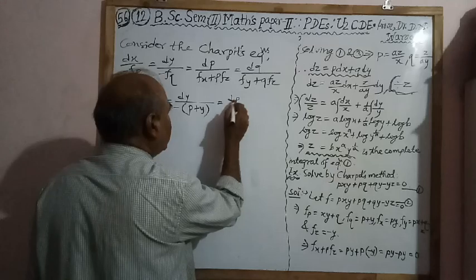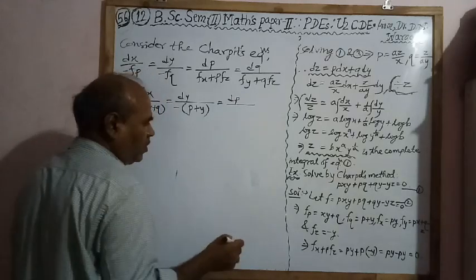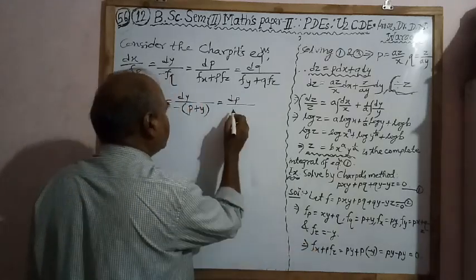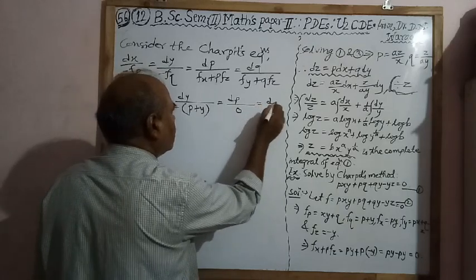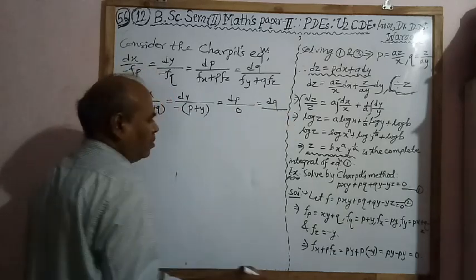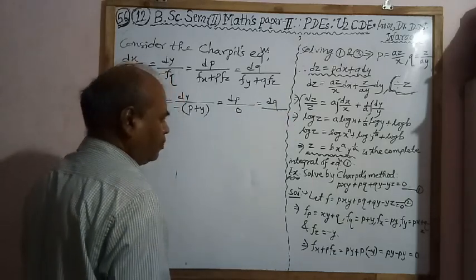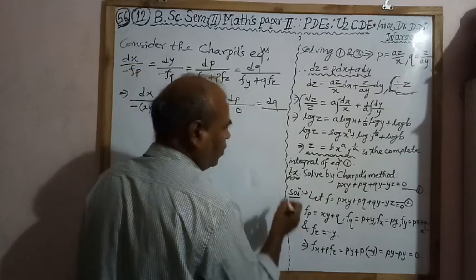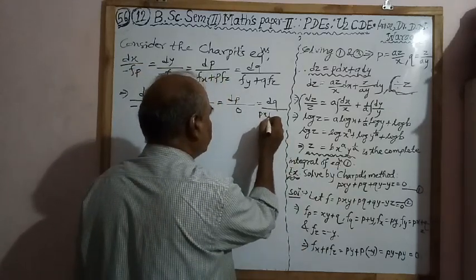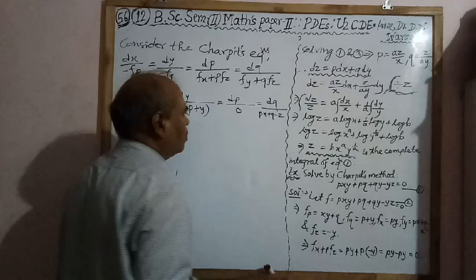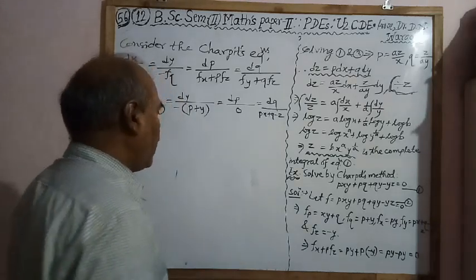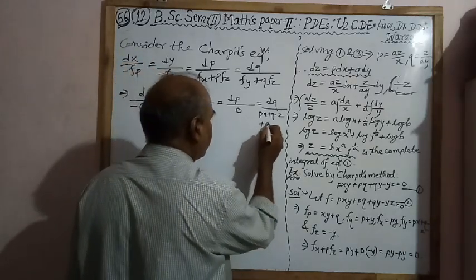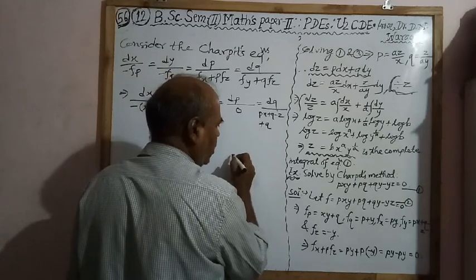Equal to dp divided by fx plus pfz, and fx plus pfz we have 0, and dq divided by fy, px plus q minus z, plus q into fz, fz we have minus y.